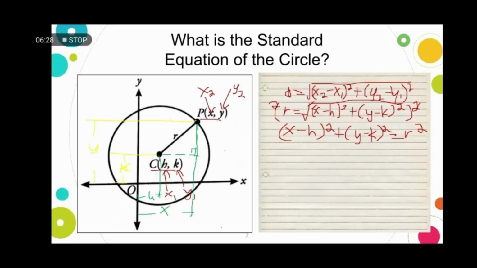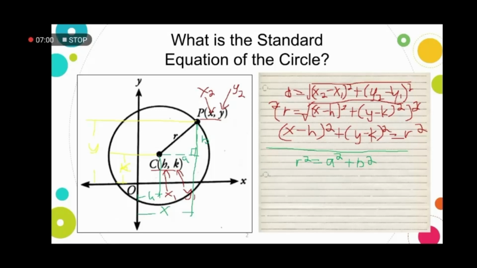If we extend this line, we can have a right triangle. We will let this side be b and this side be a. Yes, it is a right triangle. We have our new equation: r squared, the hypotenuse, is equal to the sum of the squares of its legs.